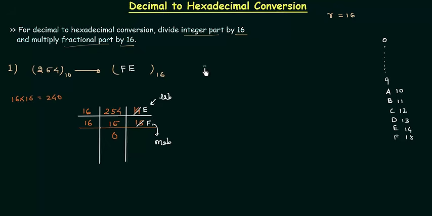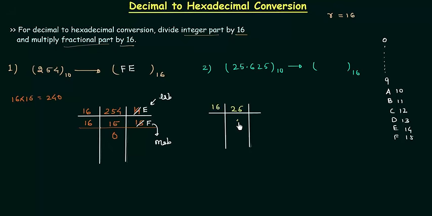Let's move to the second example. The decimal number is 25.625. This is in decimal, and we want the hexadecimal equivalent of this decimal number. The integer part we have to divide by 16. 25 is the integer part, so we will divide 25 by 16.